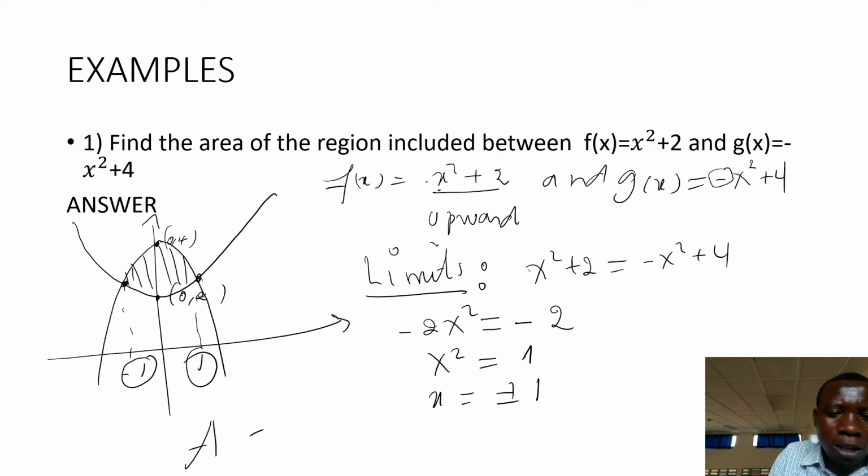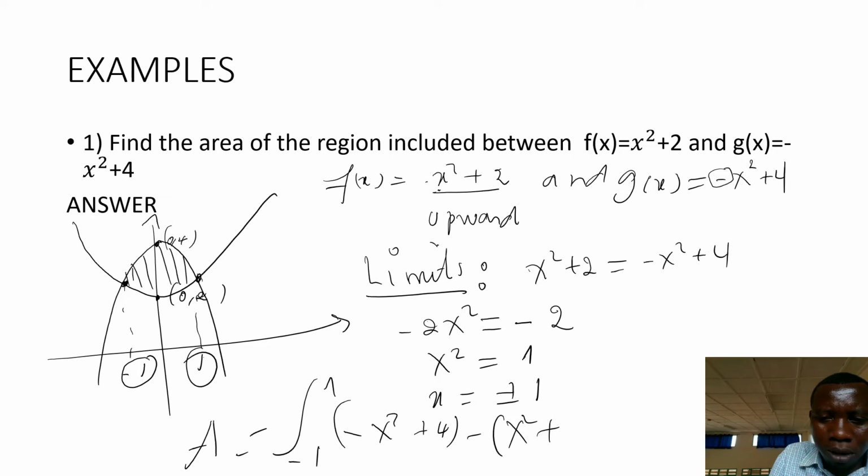So the area is equal to the integral from negative 1 to 1. The upper curve of the region is this parabola which turns downward, negative x squared plus 4, minus the lower curve of the region, this parabola which turns upward, x squared plus 2, dx.